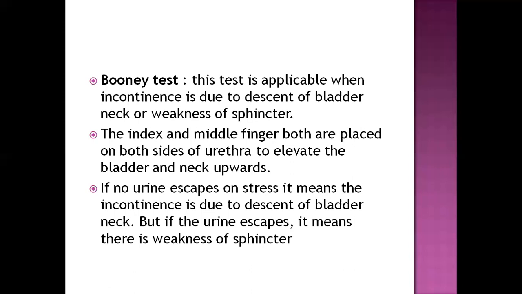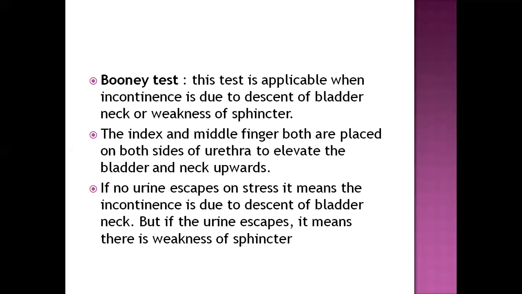After that, we ask the patient to stress by coughing normally. While you are inserting your finger and asking the patient to stress a little, if urine escapes, then there is incontinence. If urine doesn't escape, then the patient is apparently healthy.